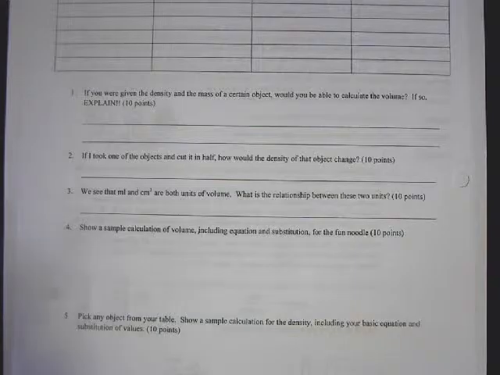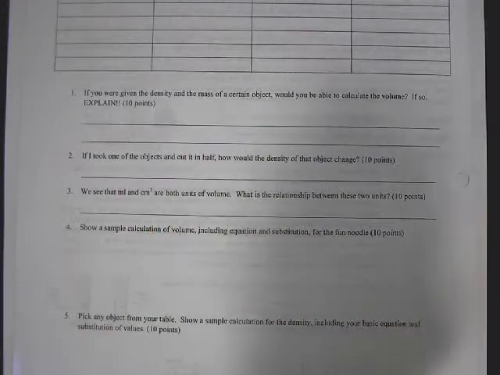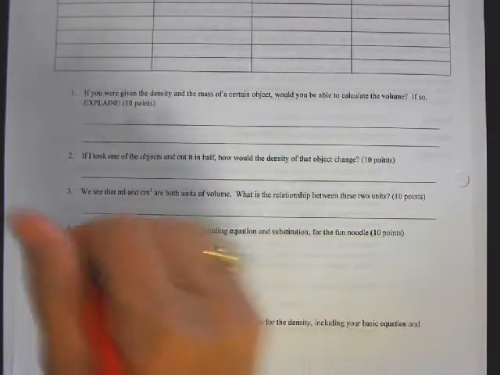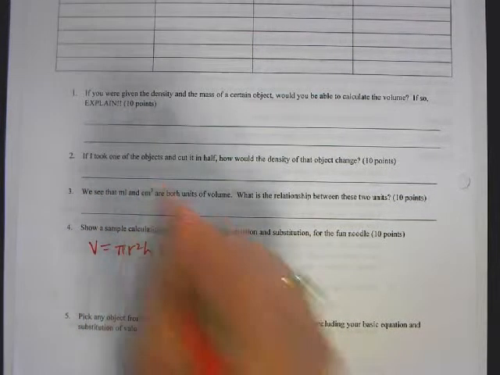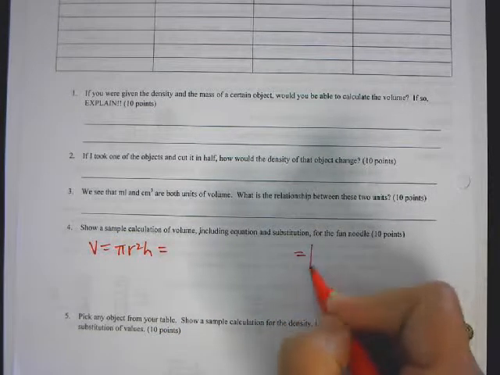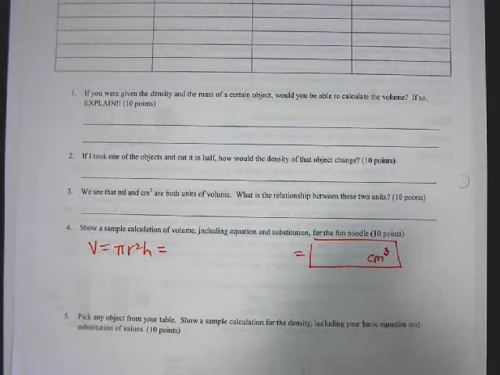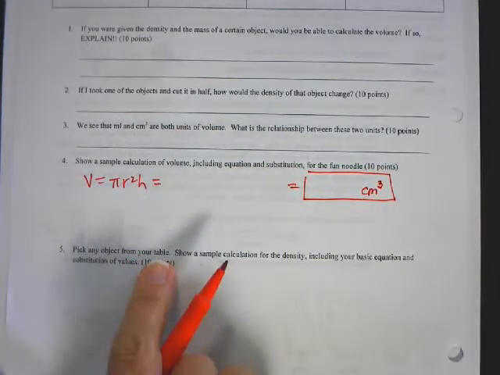For example, to show a sample calculation of volume for the fun noodle, I would first write the volume is equal to pi r squared h, because the fun noodle was a right cylinder. I would substitute in my values, write my final answer with units, and put a box around it.